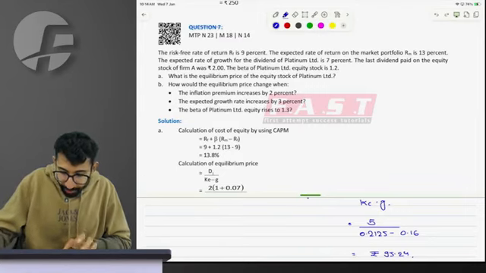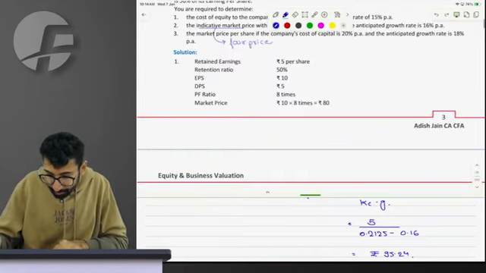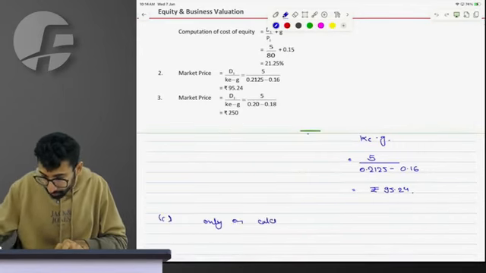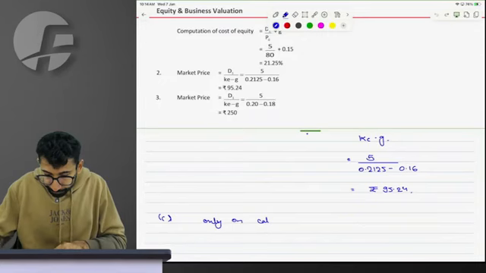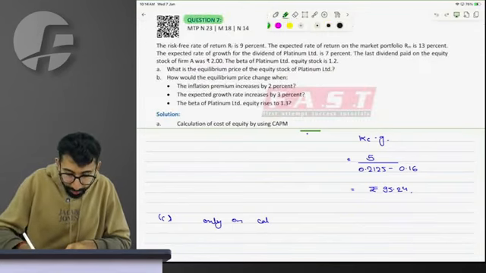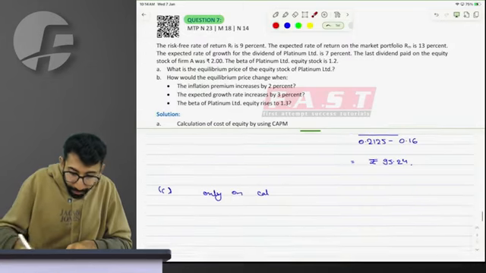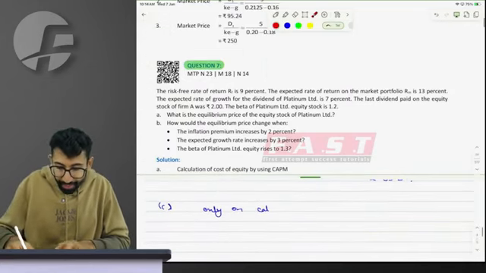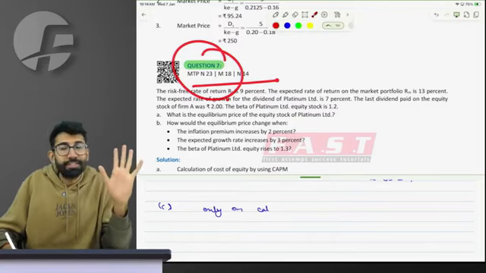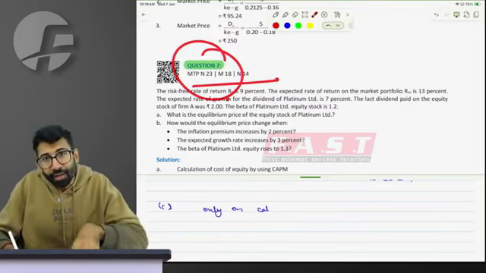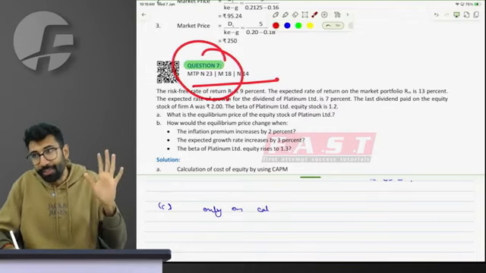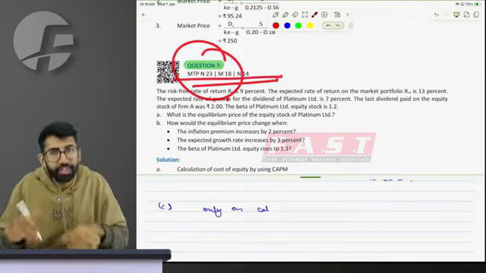Question number 7, which we are going to do in the class, has multiple alternative answers. Of all those multiple answers, we are doing in the class the one which we find the most logical and the easiest.